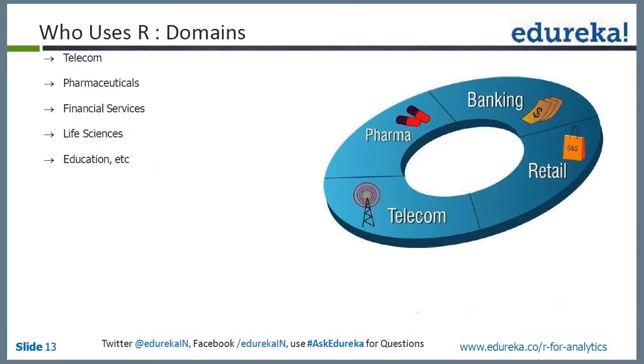Who uses R? Domains, right? If you see this, there are lots and lots of industries, as I told you in the beginning, that use R. For example, I told you about the churners in the telecom industry, right? We can analyze the historical data, coming back to the churners context.